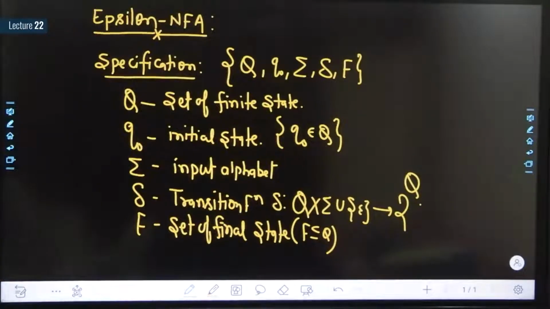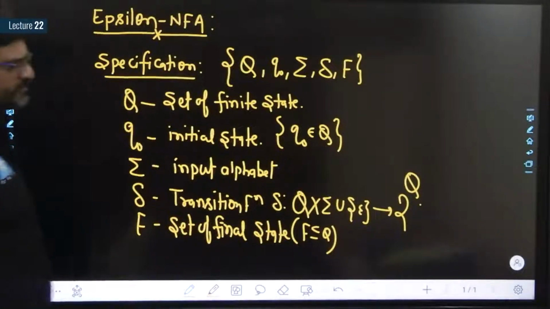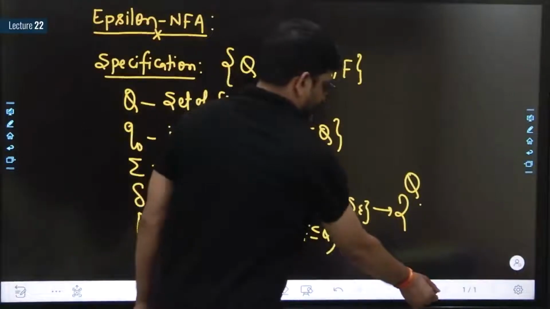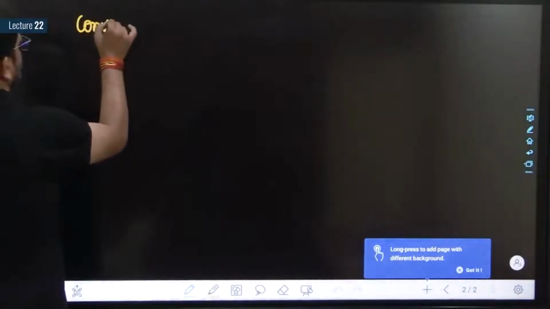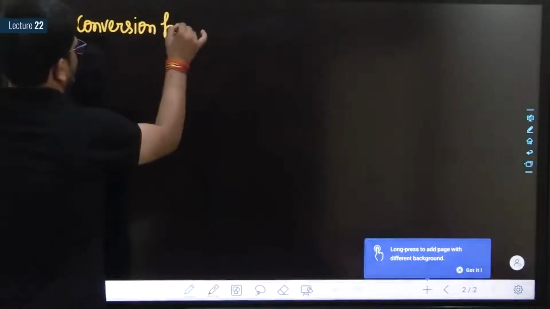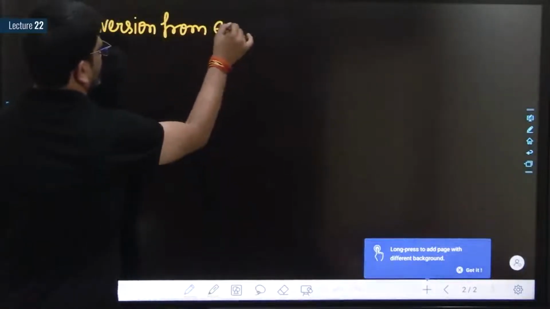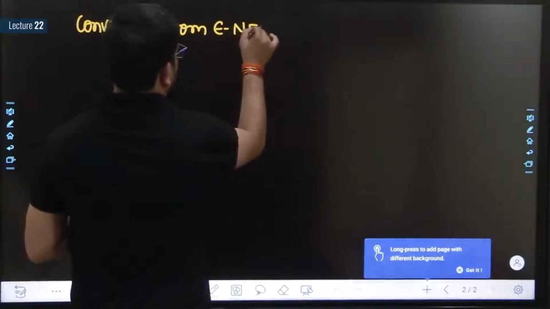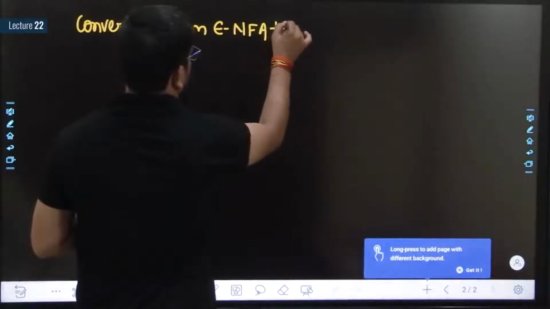Next, conversion from Epsilon-NFA to NFA.